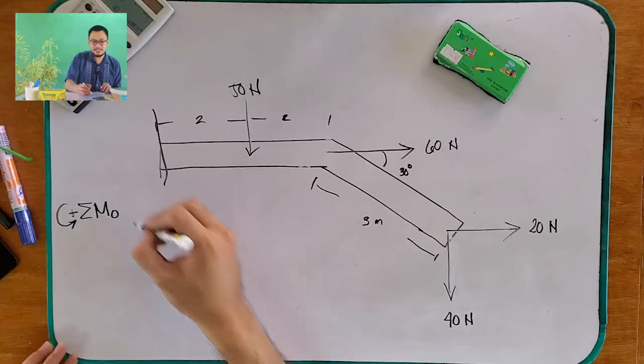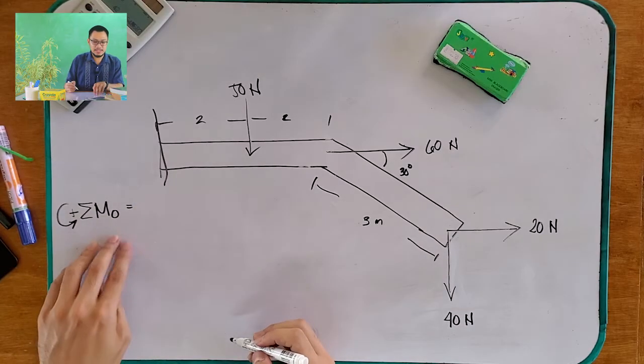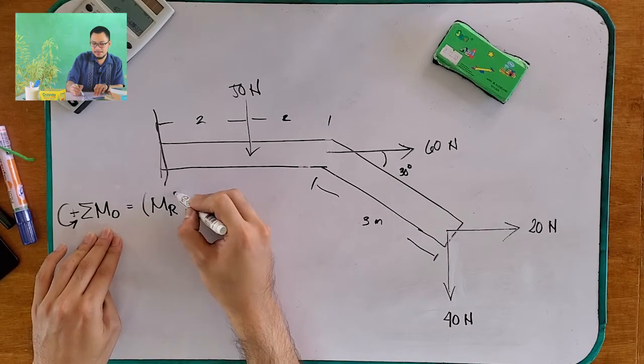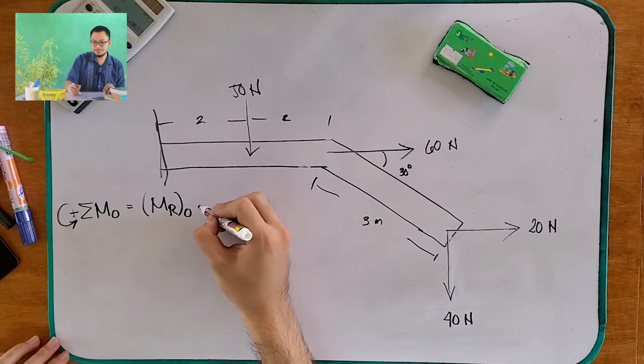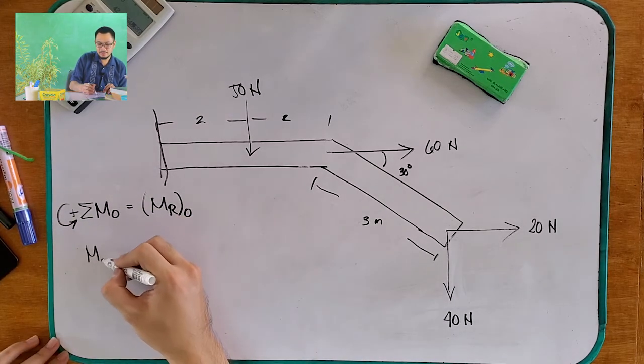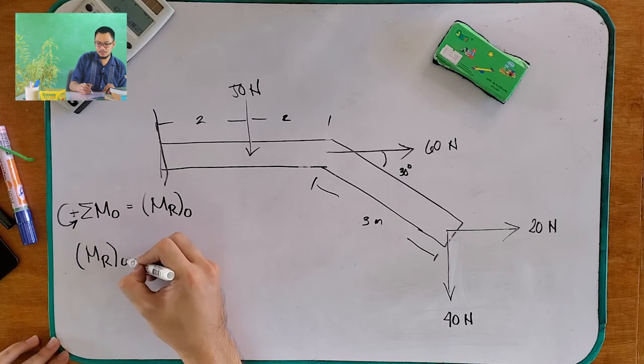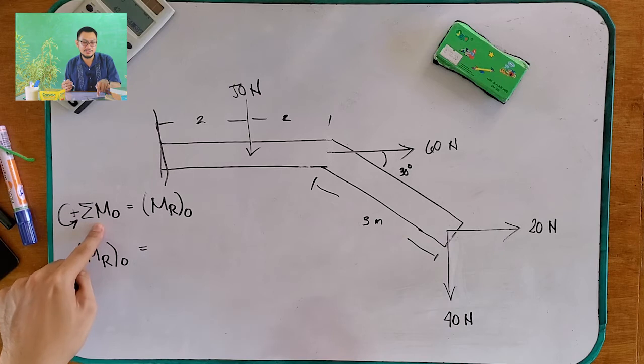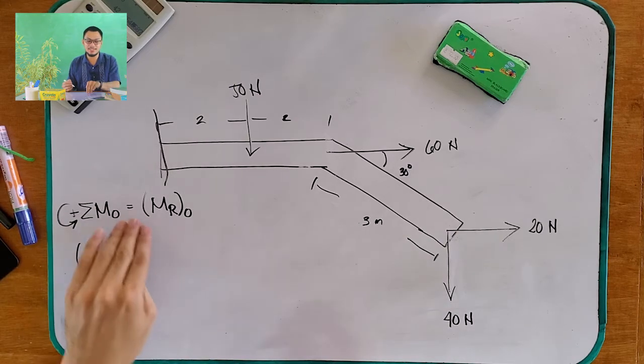Okay? Positive direction of counterclockwise nga moment, the summation of moments is equal to our resultant moment, MR, about point O. Diba? So, therefore, your MR about point O, the resultant moment about point O, is just the summation of moments about point O.